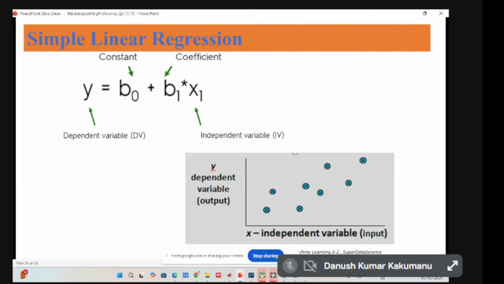So here, this is a graph we get whenever we perform a regression algorithm.